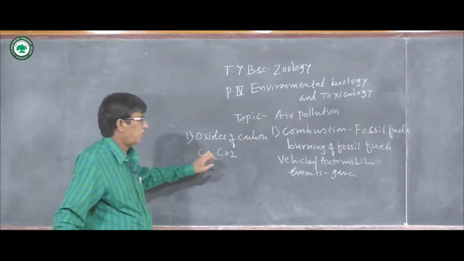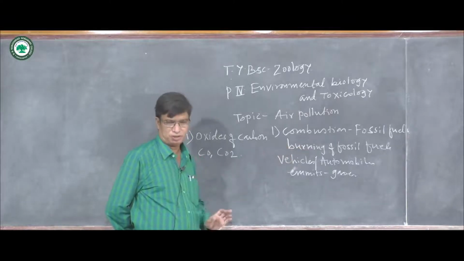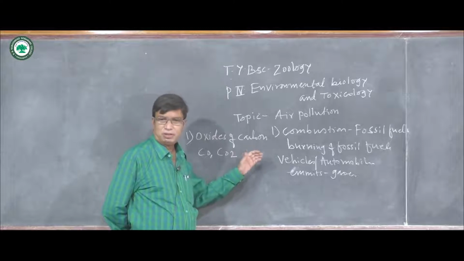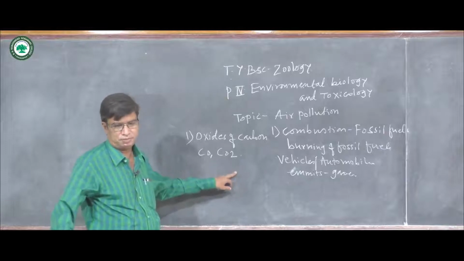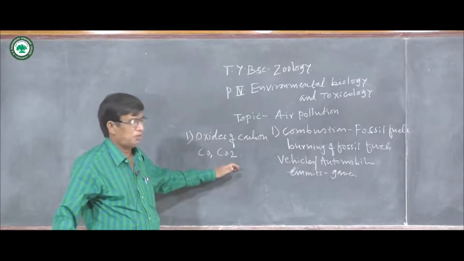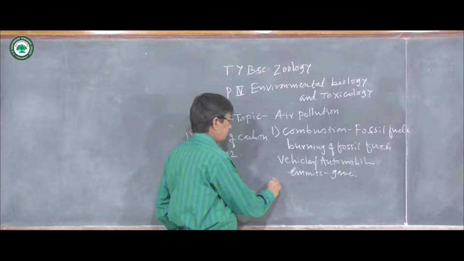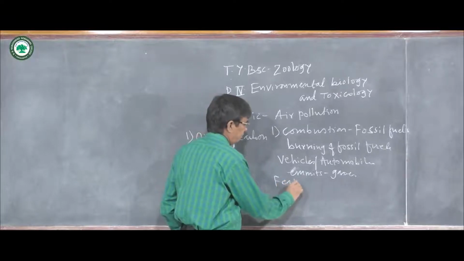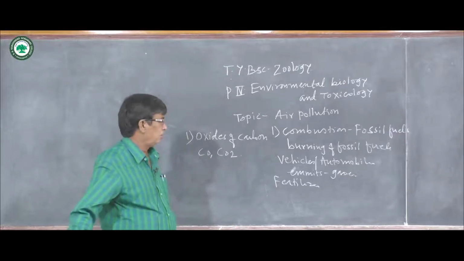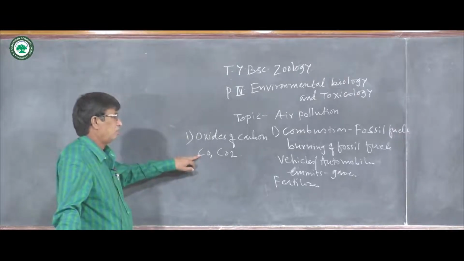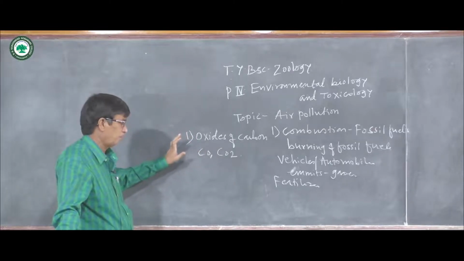These gases are mainly emitted by burning of fossil fuels in different industries, for example, textile industries, tanneries, pesticide industries, fertilizer industries, and it is a source of air pollution, oxides of carbon.